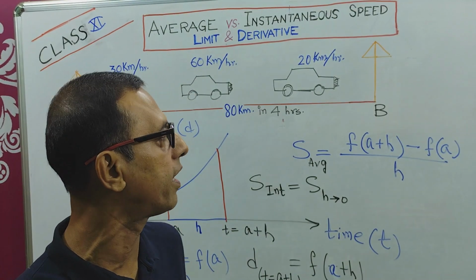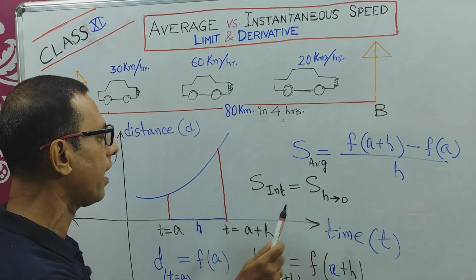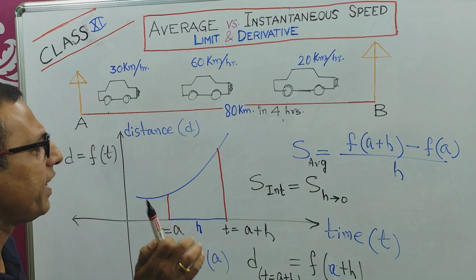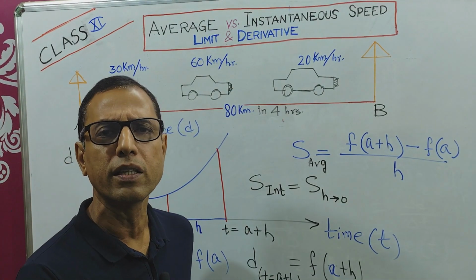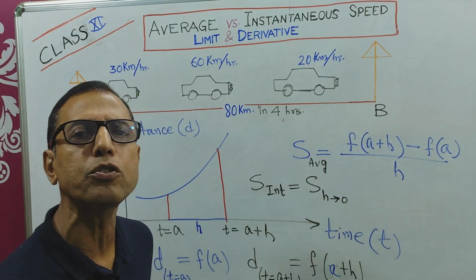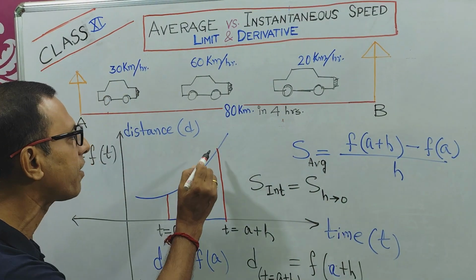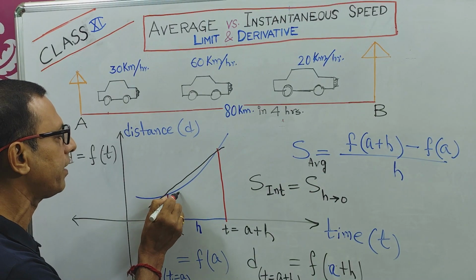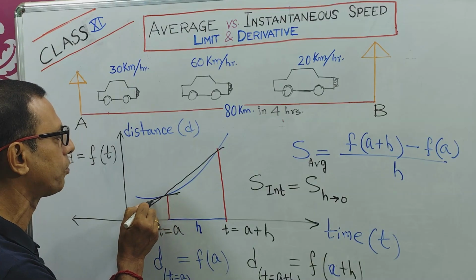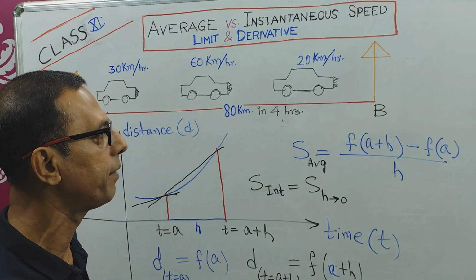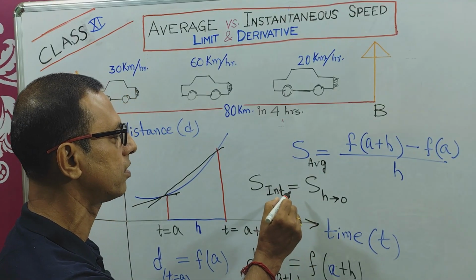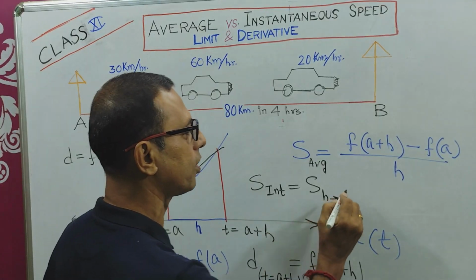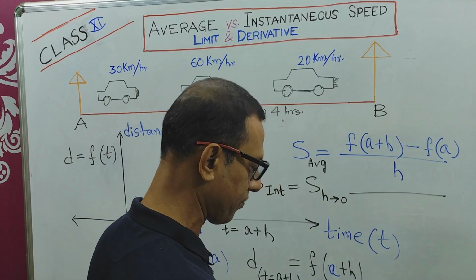The same concept applies, but here I am considering any given point in time, meaning the time interval h is approaching 0 but not equal to 0. Therefore the secant line is converting into the tangent. So for instantaneous speed this time interval approaches 0, and the remaining portion remains the same.